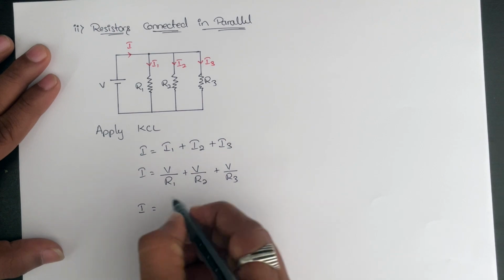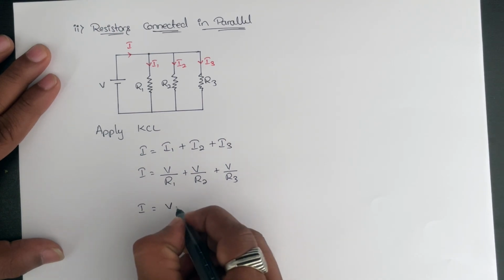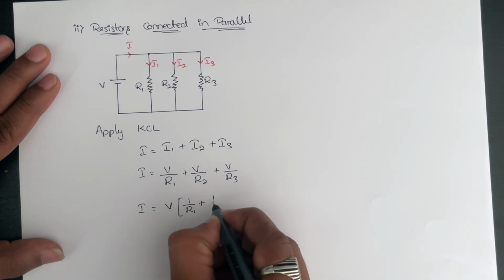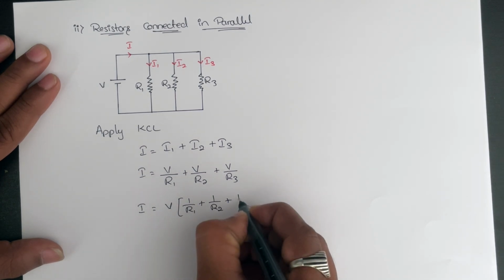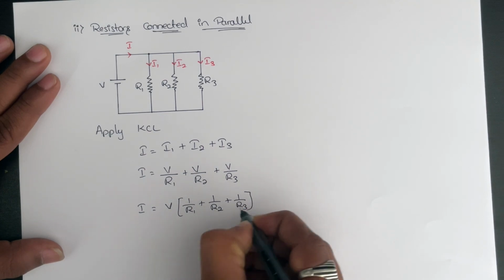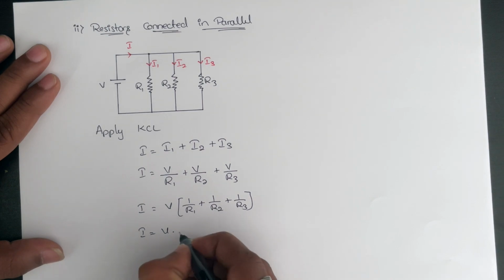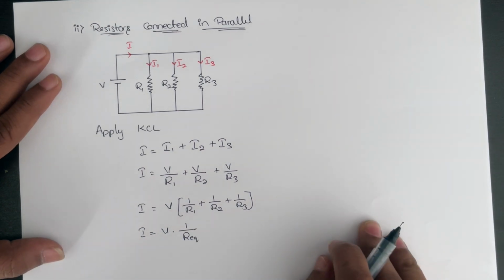Therefore I is equal to, if we take V common, V into 1 by R1 plus 1 by R2 plus 1 by R3. Therefore, I is equal to V into 1 divided by R equivalent.